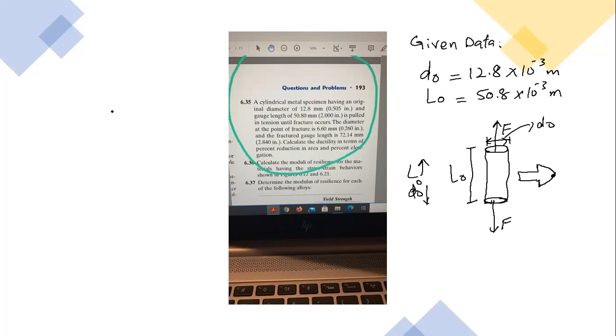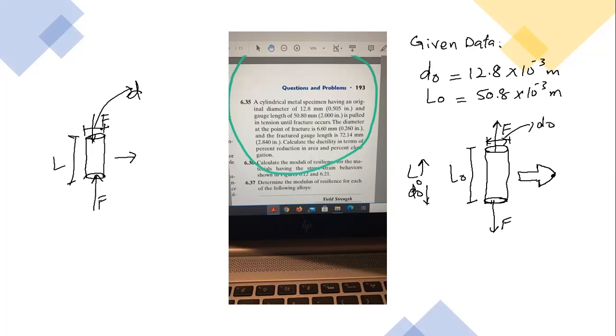If this were a compression test, let's say this is my specimen, and I'm applying a compressive force on it, what will happen? This is the length, and this is the diameter. So its diameter will increase or decrease?